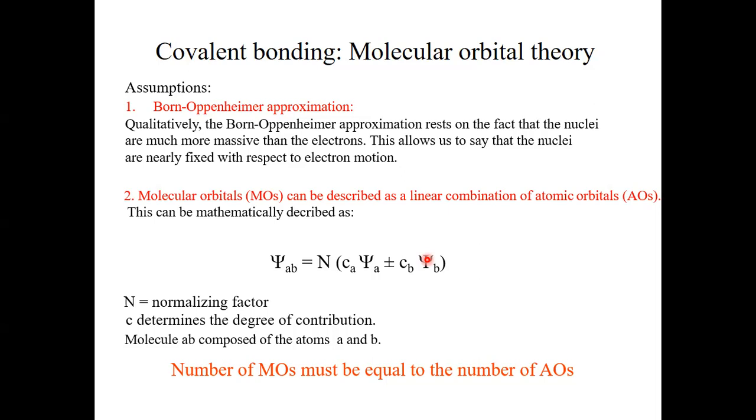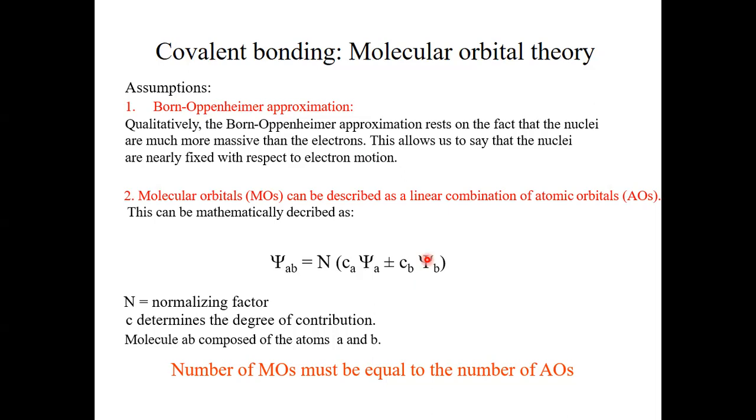Now there can be two types of interference. There can be constructive interference, and that relates to the vectorial addition of the two atomic orbitals. And there can be destructive interference, and that relates to the vectorial subtraction of the two atomic orbitals.